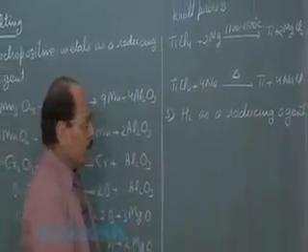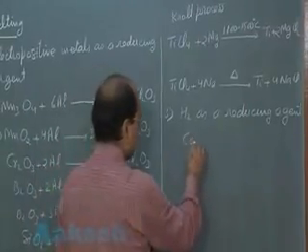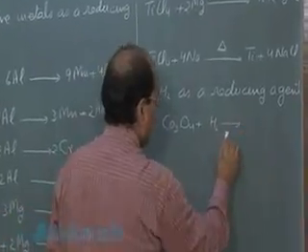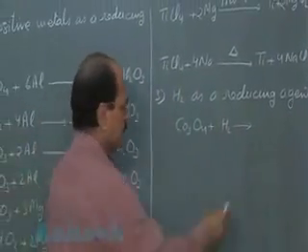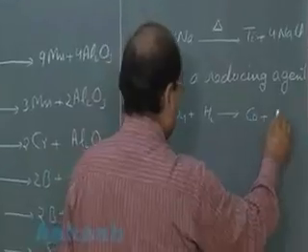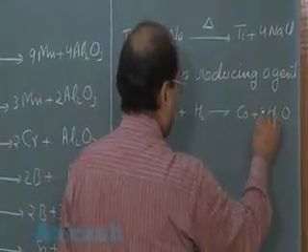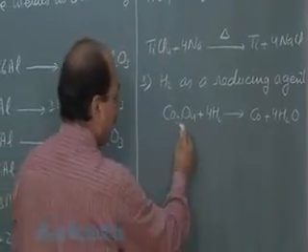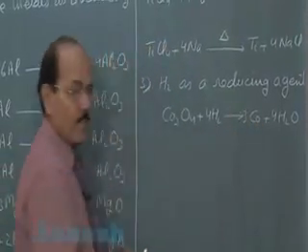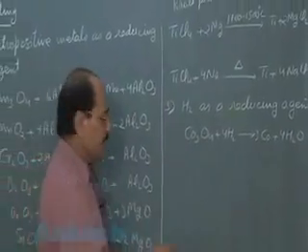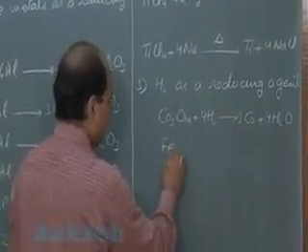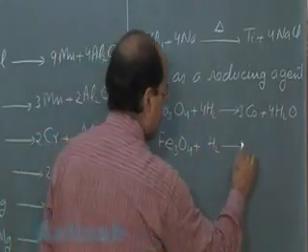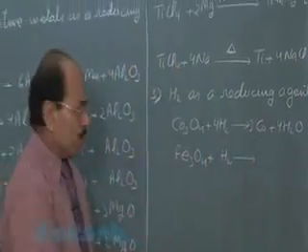For example, cobalt oxide is reduced by hydrogen to cobalt. Magnetite Fe3O4 can also be reduced by hydrogen.